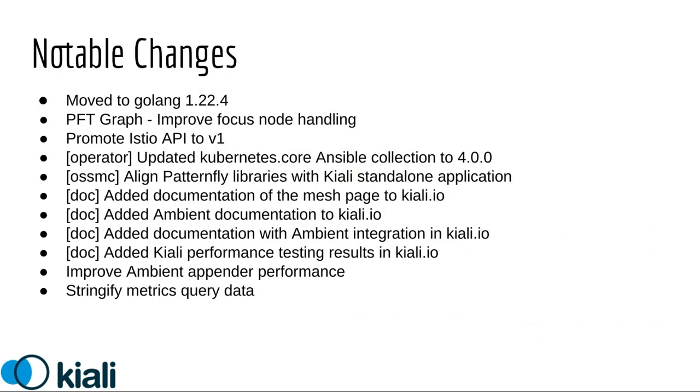Istio API was promoted to version 1, all the configuration objects, then updated the Kubernetes Ansible collector to 4.0.